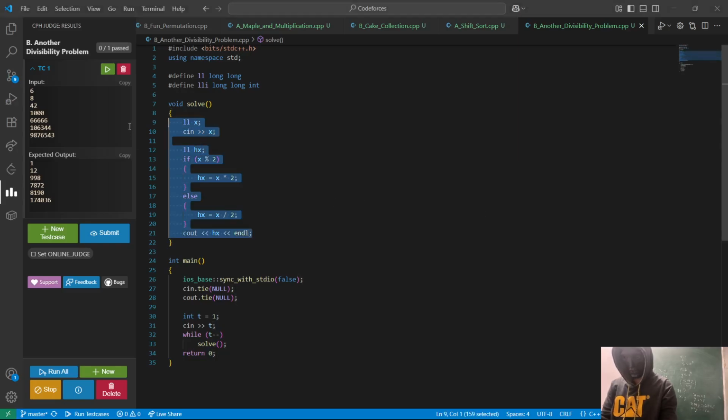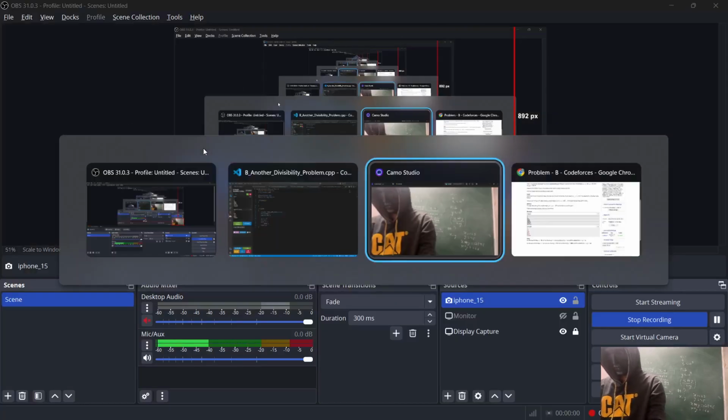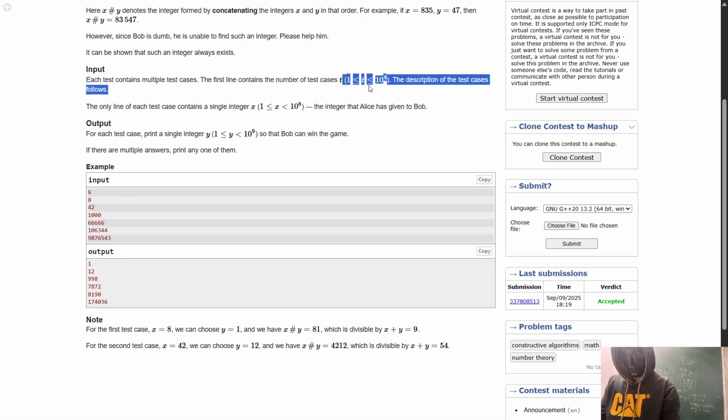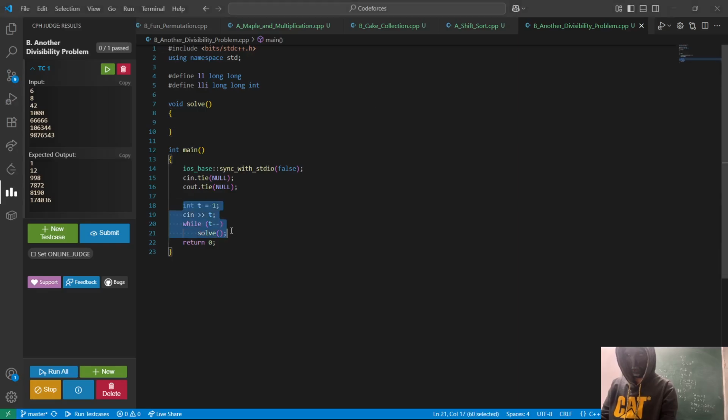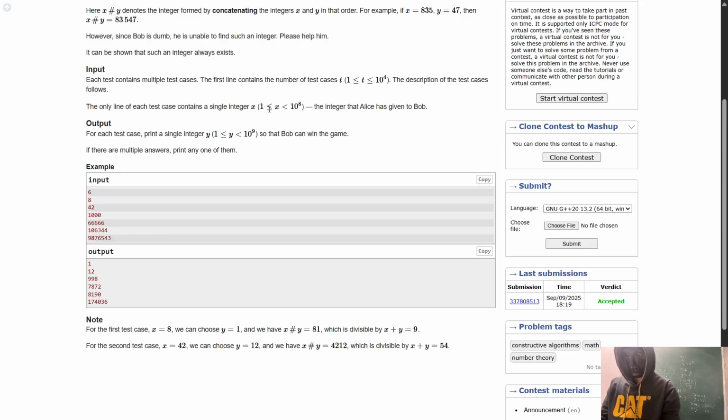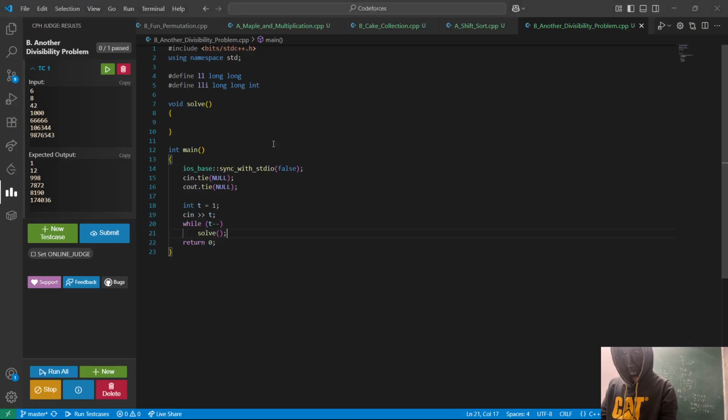So let me try to code it up. So we have test cases in the range of 1 to 10 power 4. So t I have taken as an integer, but here x is up to 10 power 8 and y is 10 power 9. So this will again lie in the integer range only. So for every test case we have an integer x.